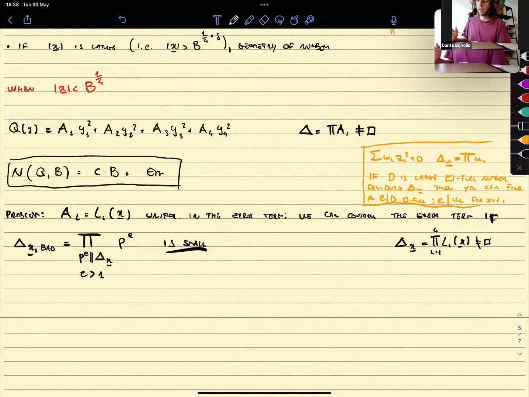Nevertheless, we can try to adopt this argument by noticing the following.